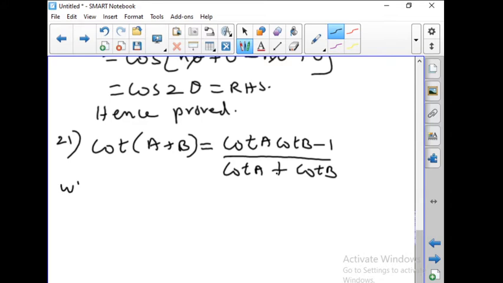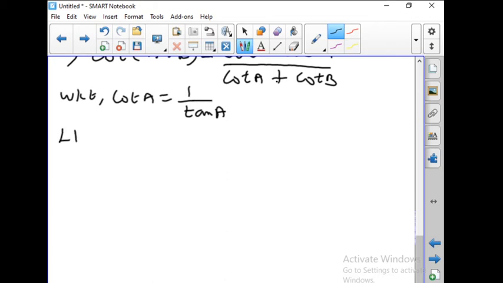So we know that cot A is equal to 1 by tan A. Therefore, the left hand side can be written as 1 by tan(A + B). We have seen the formula for tan(A + B), so this is the reciprocal of tan(A + B).